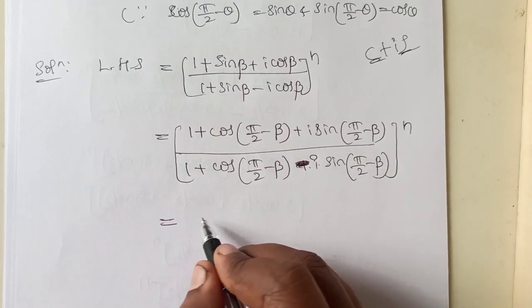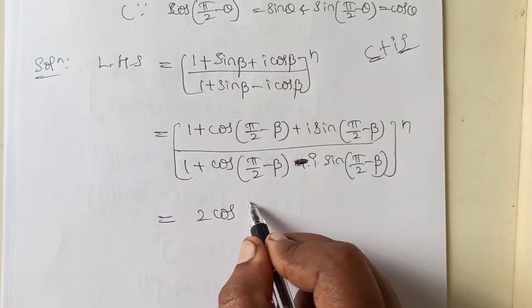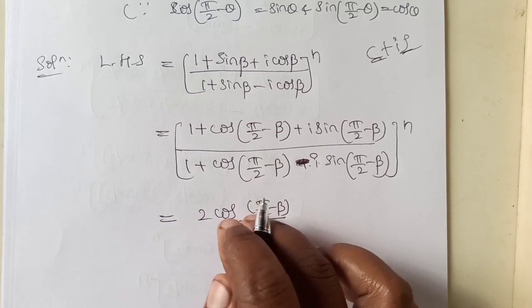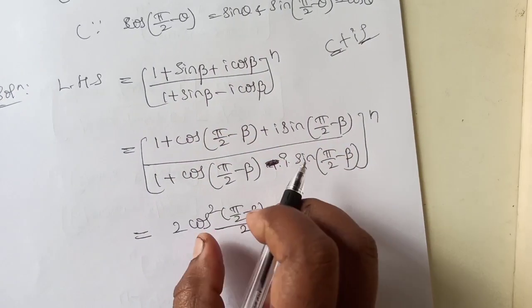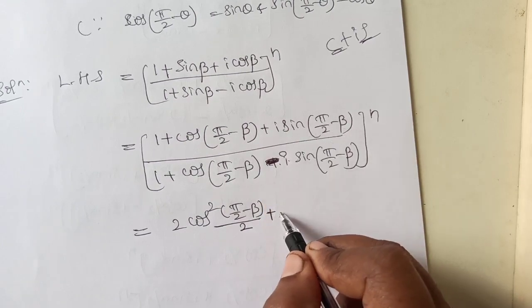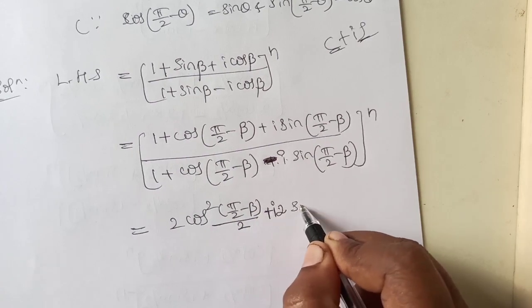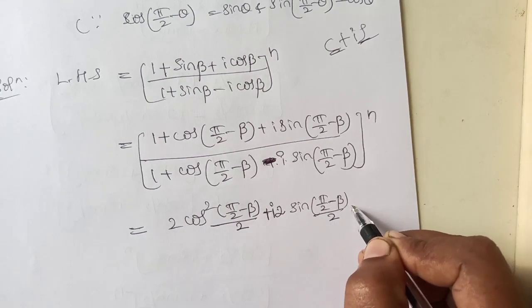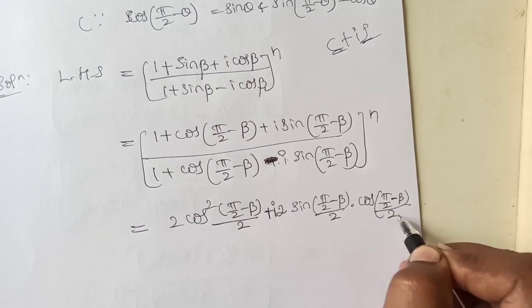1 plus cos theta is equal to 2 cos square theta by 2, but here the angle is pi by 2 minus beta, whole divided by 2. So 1 plus cos of an angle is 2 cos square of that angle divided by 2, plus i times 2 sin of (pi by 2 minus beta) divided by 2 into cos of (pi by 2 minus beta) divided by 2.